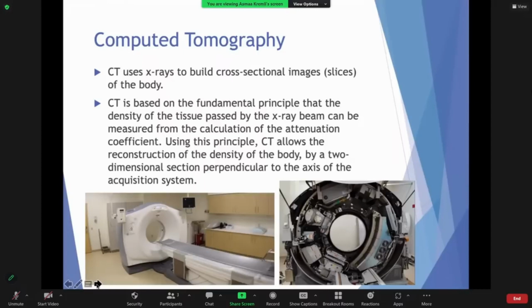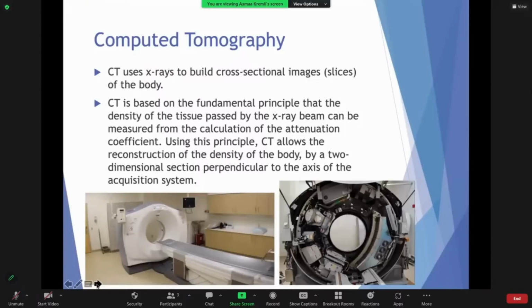We use calculation of the X-ray beams, and this is how we obtain CT scans. So using this principle, CT allows the reconstruction of the density of the body by a two-dimensional section perpendicular to the axis of the acquisition system.